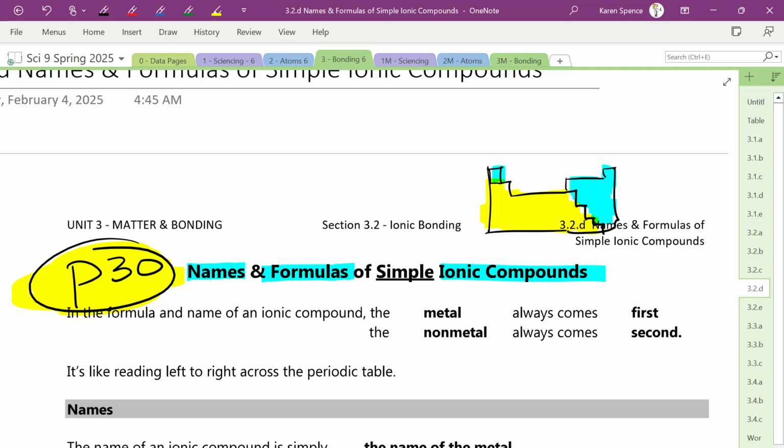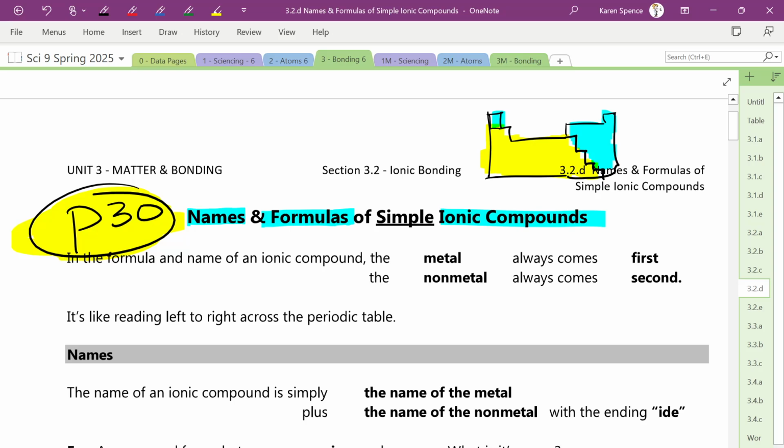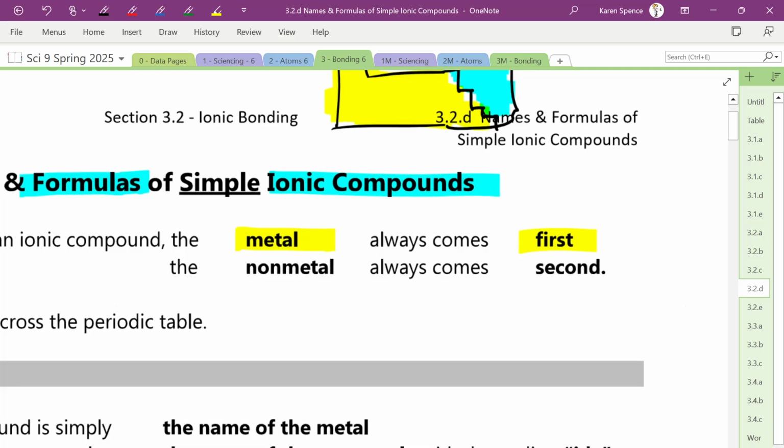Okay? And even when we have two nonmetals together, we'll still usually write the nonmetal that is furthest to the left first and the nonmetal that is furthest to the right second. Okay, there's a little bit more to it than that, but that's pretty close. So the metal always comes first, and it goes on the left.